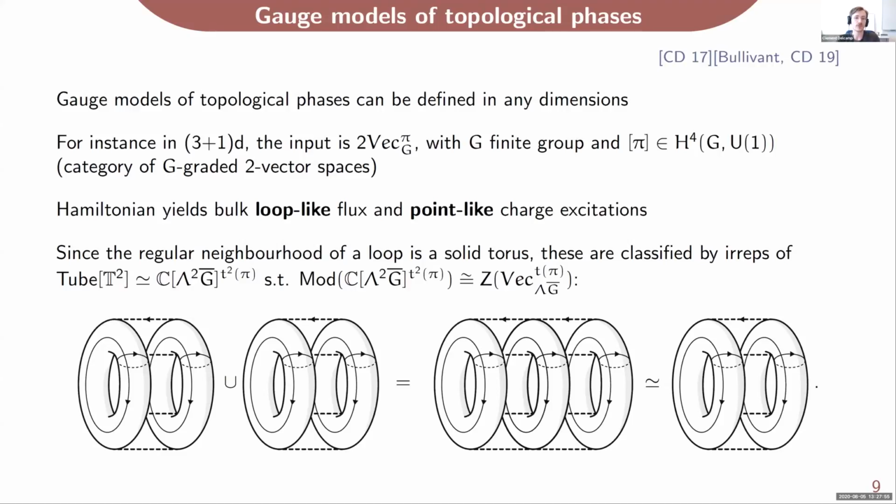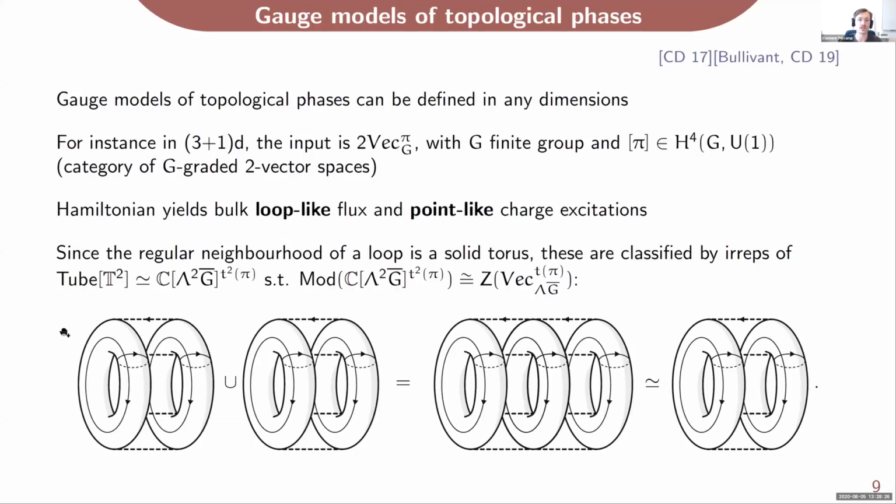So here, the torus is really because this is the regular neighborhood of a loop. You could indeed consider, and actually we know how to do the computation as well, a more general Riemann surface. And this we could imagine corresponds to classifying more complicated excitations, like maybe connected loops or something like this. But if we are only interested in the loop-like excitation, in that case, the torus is what we need.